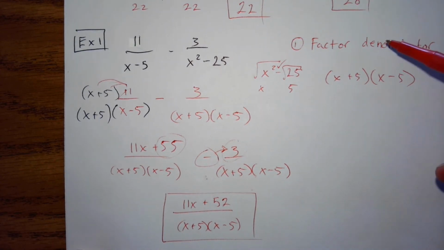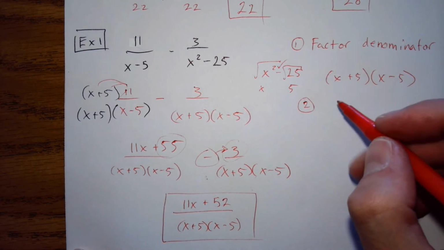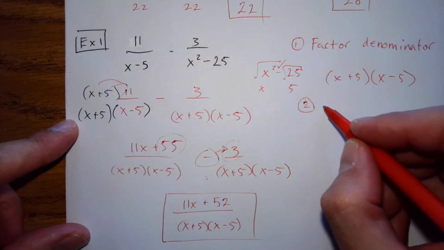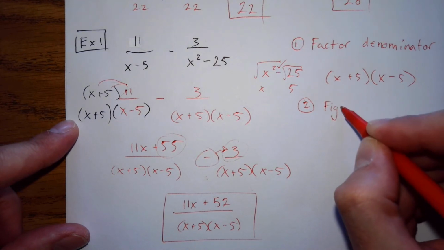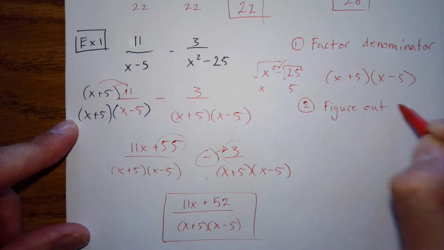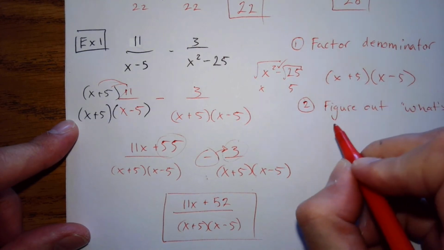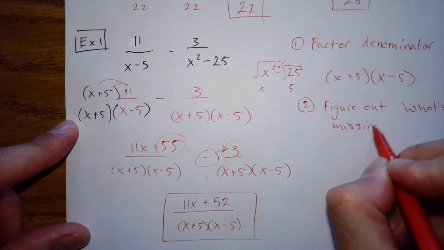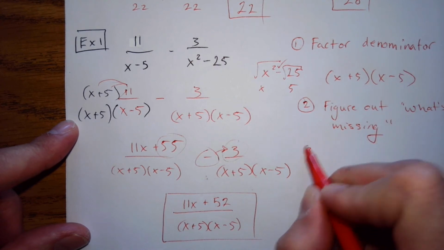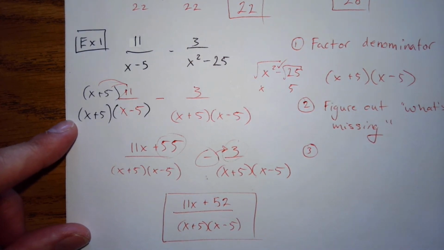So the first step was to factor the denominator. The second step was to figure out what's missing. The third step was to multiply in the top and the bottom.